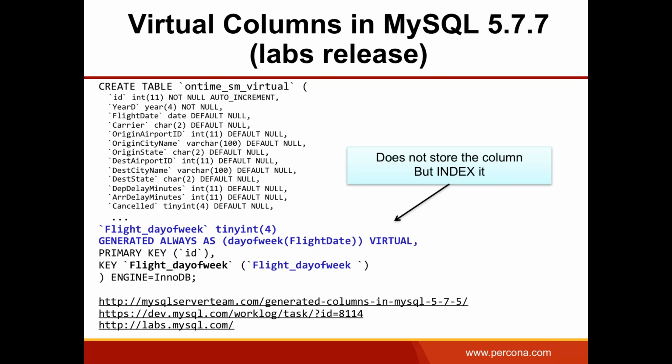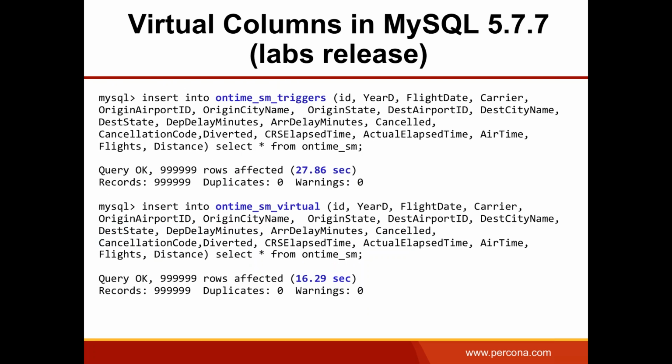So I did a quick test. I wanted to compare the performance of the triggers version and the virtual columns version. And it looks like the virtual columns version is much faster. This example actually demonstrates the bulk insert speed.